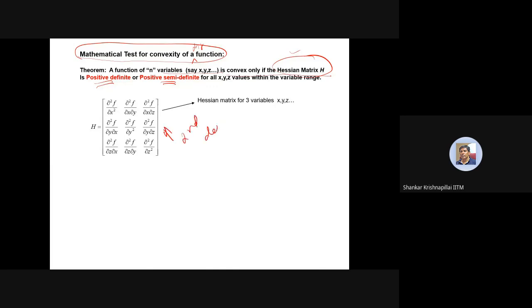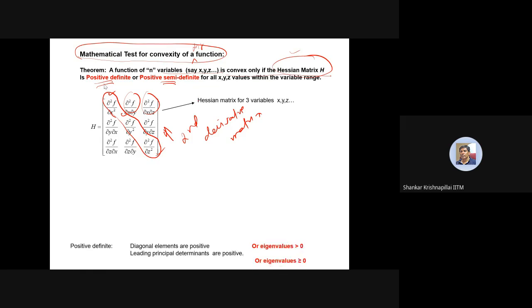The diagonal elements are all the direct derivatives, that is partial squared f by partial x squared, partial squared f by partial y squared, partial squared f by partial z squared, and the off-diagonal terms have partial x partial z, partial x partial y, etc. So this should be positive definite or positive semi-definite.